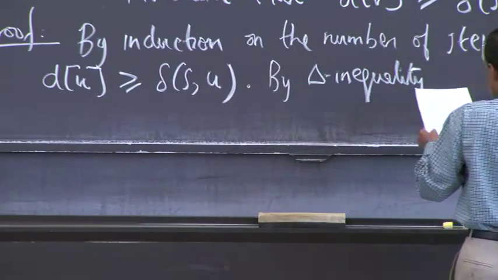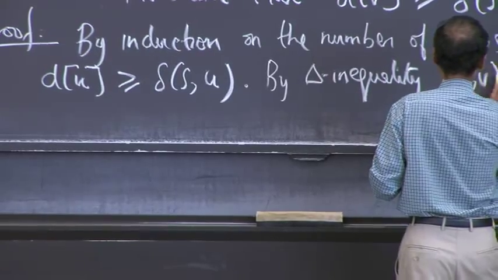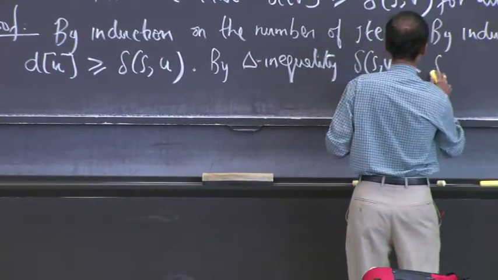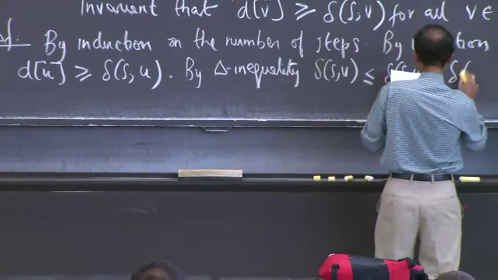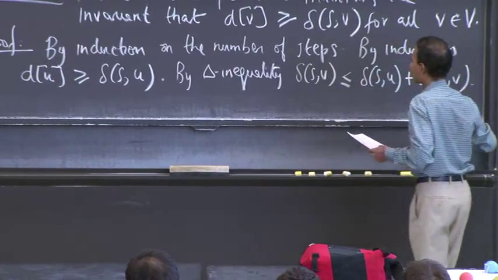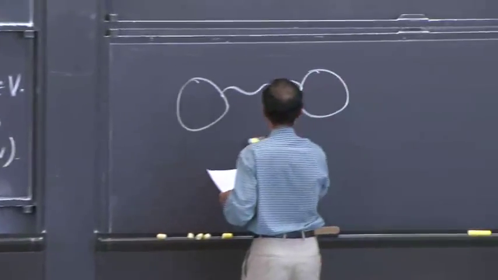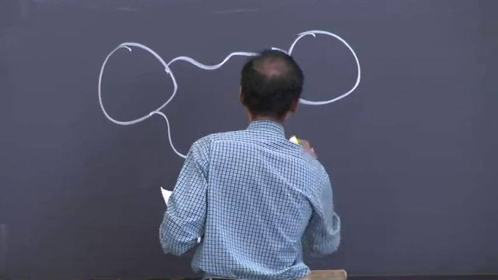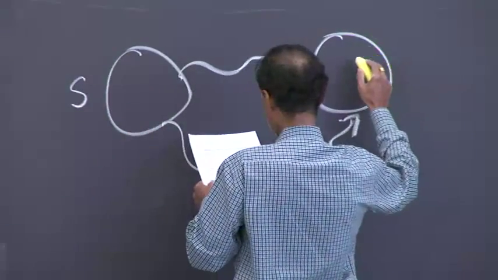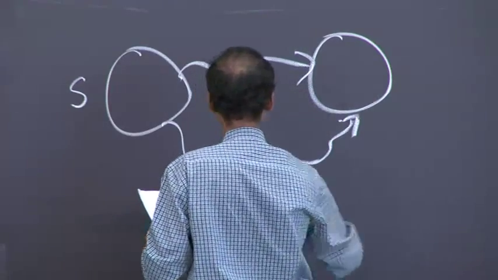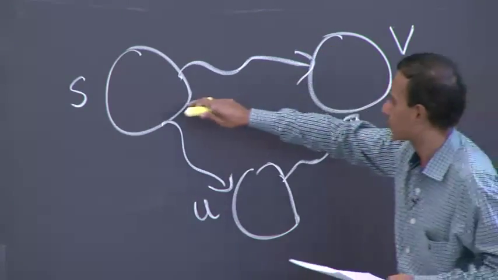Now we can say by the triangle inequality that I talked about late in last week's lecture, you have delta SV less than or equal to delta S comma U plus delta U comma V. And what is that? Well, that just says if I have something like this, where I have S, let's call this U and V, this is not an edge between S and V, it's a path.